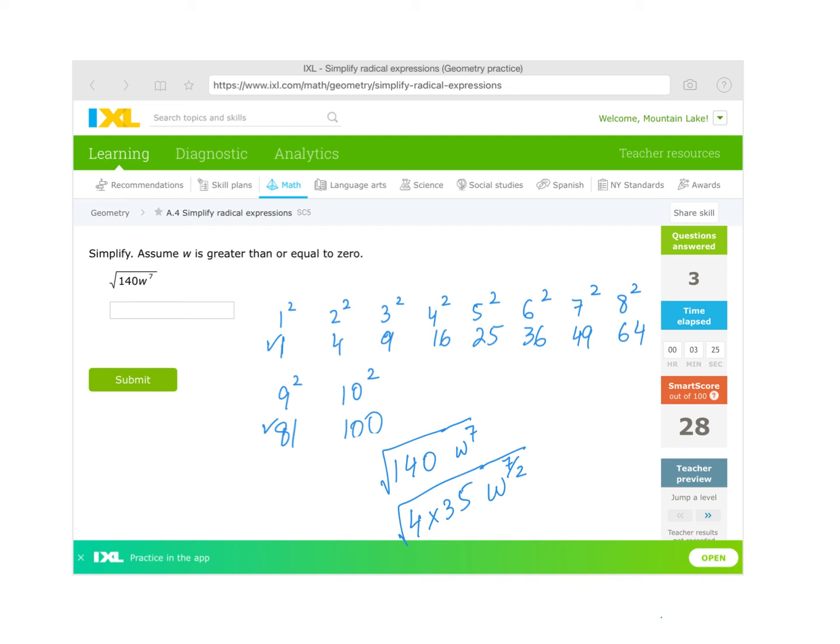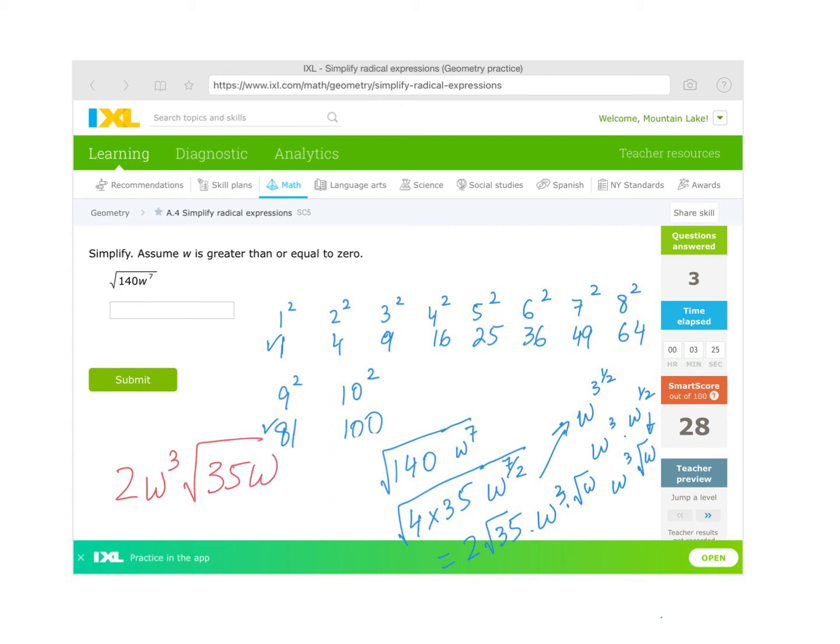So this part can also be broken down this way, 3.5: 3 whole parts of it and 1/2 of it. So this would be in the square root. Again, this is a little advanced exercise. Cube and square root of w. If we merge things, I would write it this way: 2w cubed and then the square root of 35 and w. So let's put that, and I think it will let you enter it this way. Let's just see.